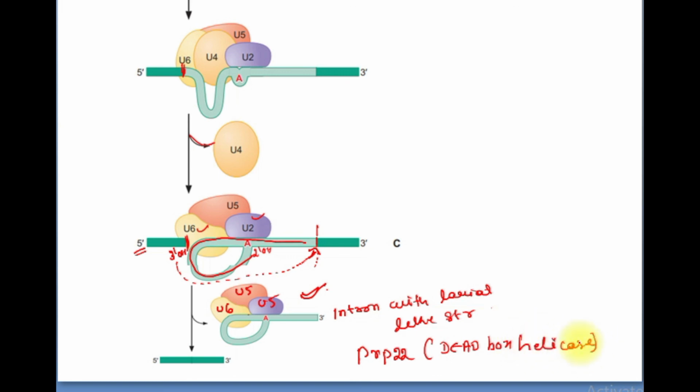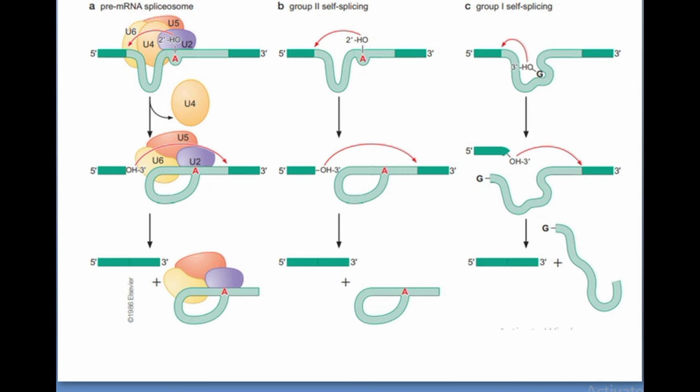Okay. So, this type of proteins or the snRNPs are used when the mRNA is very long. But if we have a short RNA, it is done by self splicing. Self splicing is also of two types: the group 1 self splicing and the group 2 self splicing.